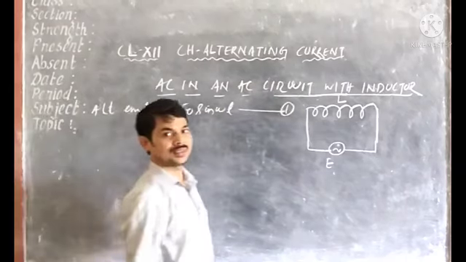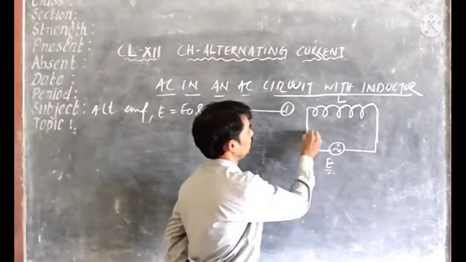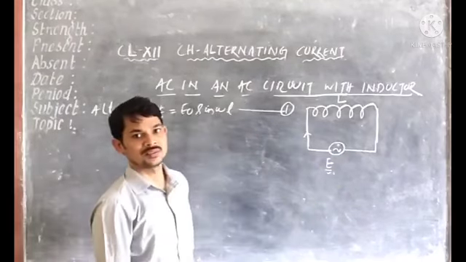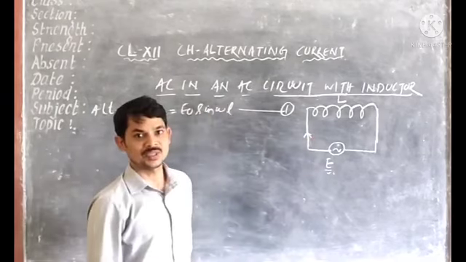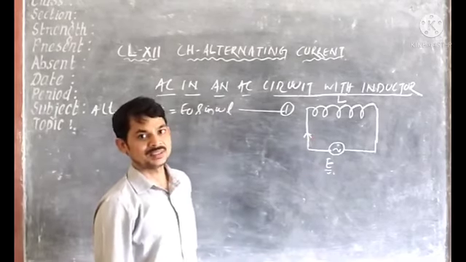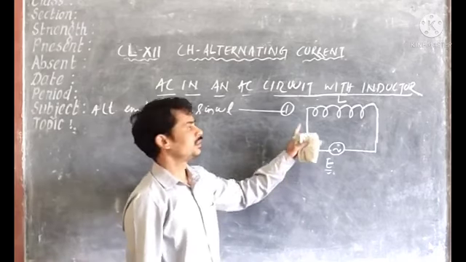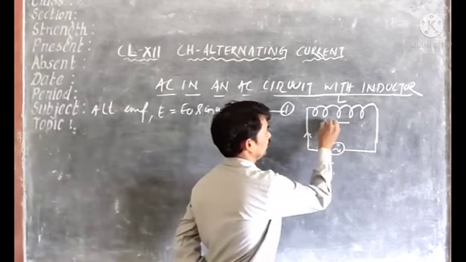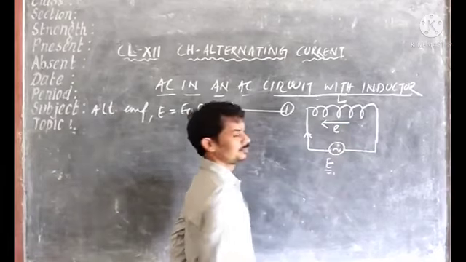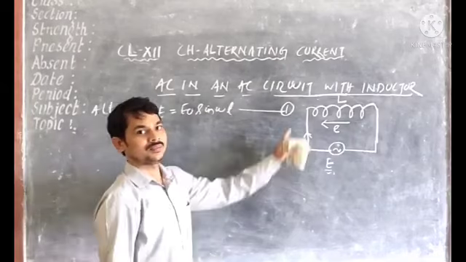Then due to this alternating EMF, some alternating current will be passing through the circuit, which will change its magnitude and direction. And due to this change in magnitude and direction, some back EMF will be set up in the inductor. Let this back EMF be E. Why will this be set up?